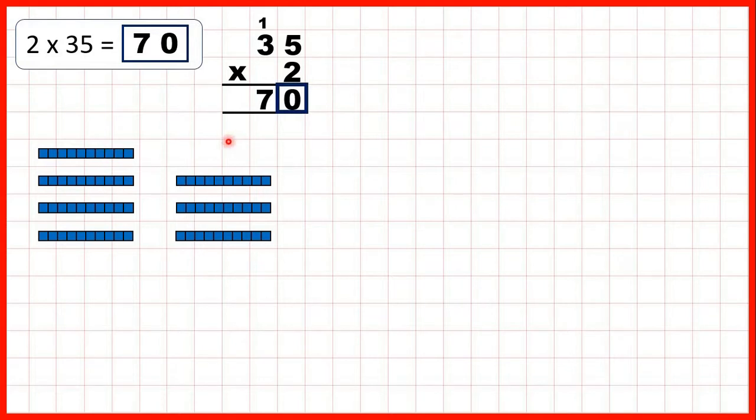So now we don't have any ones, which is why we have a 0 as the ones digit of our answer. Multiplying our ones digit meant that we made 1 extra ten, and we have 6 tens below because 3 tens times 2 is 6, but that means that we have 7 tens now altogether, so that's why our answer is 70.